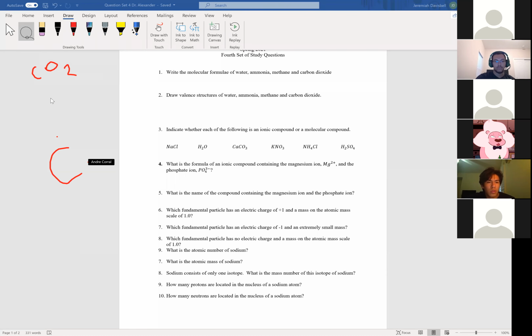So 1, 2, 3, 4. This one might get a little tricky, but you'll see what we have to do right now. Let me redo that. I feel like I did it too big. So you have your carbon here, 4 dots around it, and you have 2 oxygens, right? And how did the oxygen look?